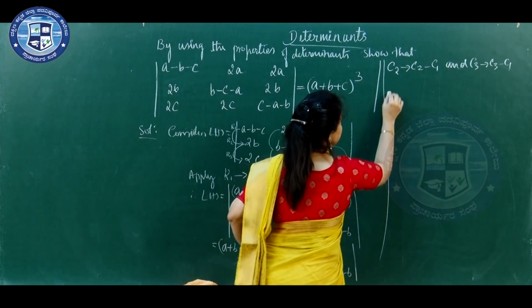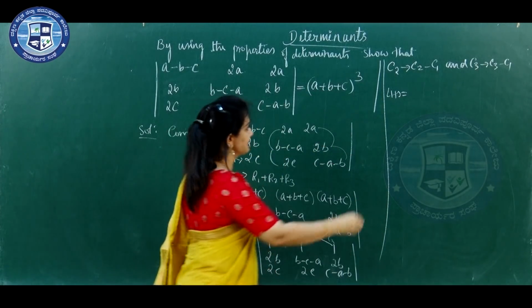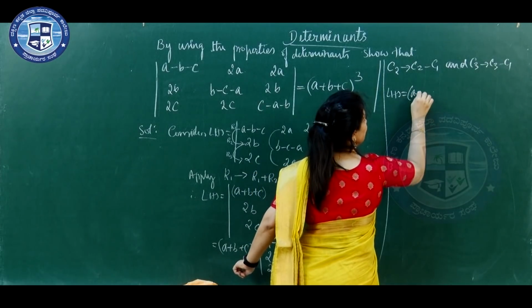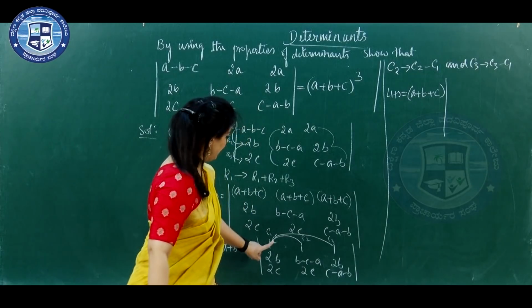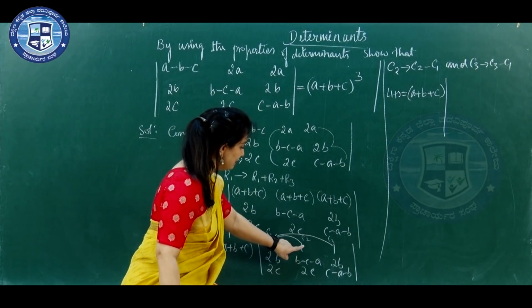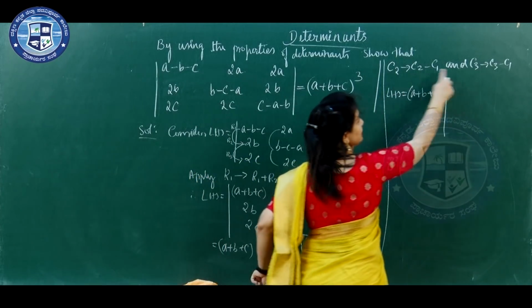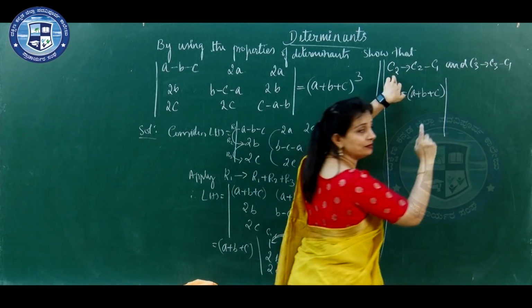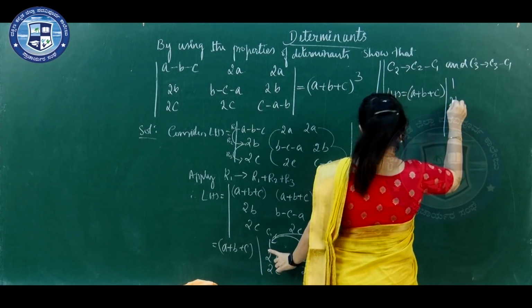So that LHS equals A plus B plus C as it is, we got the factor A plus B plus C, into determinant of. Here C2 minus C1, 1 minus 1, first row, first column elements are same because we are altering only C2 and C3. Okay. So, first row elements are 1, 2B, 2C.